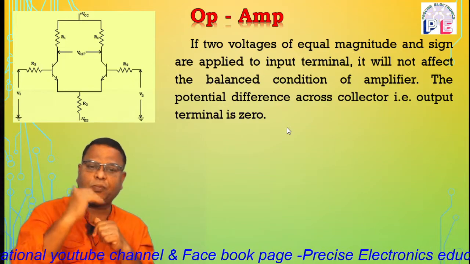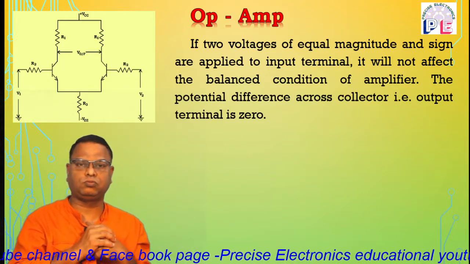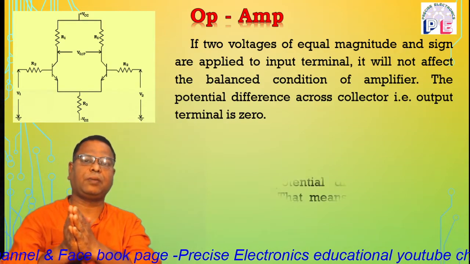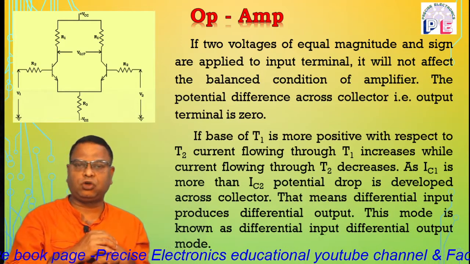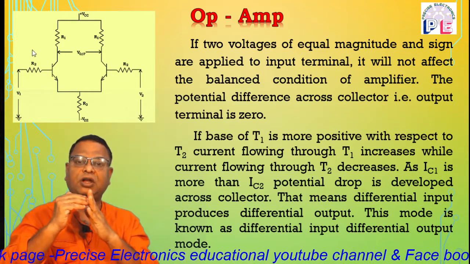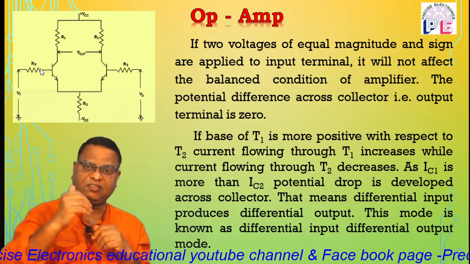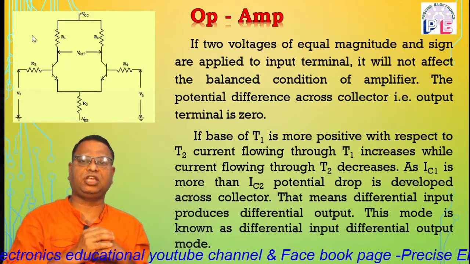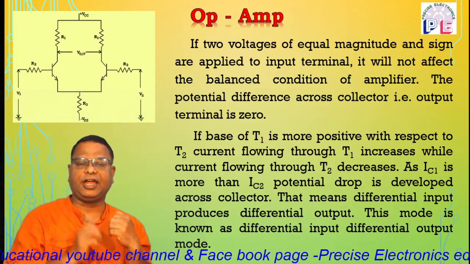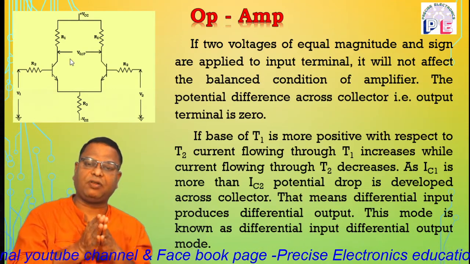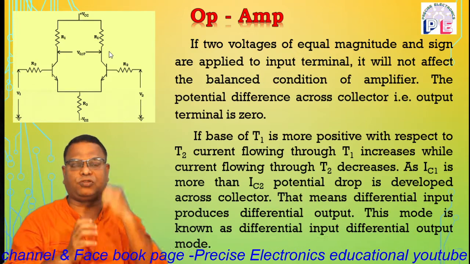But if the base of T1 is more positive compared to the base of T2, that means the biasing potential applied to transistor T1 is more than the biasing potential applied to transistor T2. So obviously T1 conducts more heavily than transistor T2, and hence the current flowing through the collector of transistor T1 is now more than the current flowing through transistor T2, due to which the balance condition of the amplifier is disturbed, and in this mode we get some output signal.